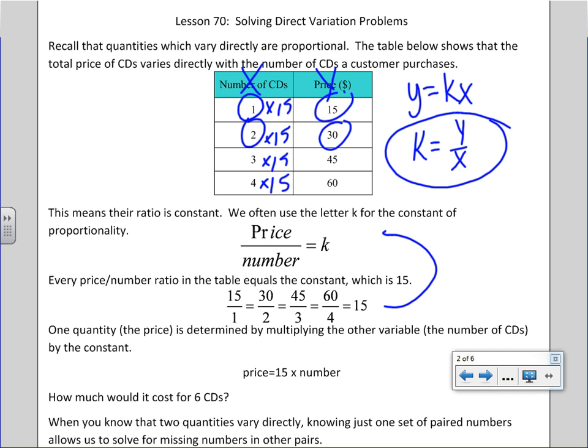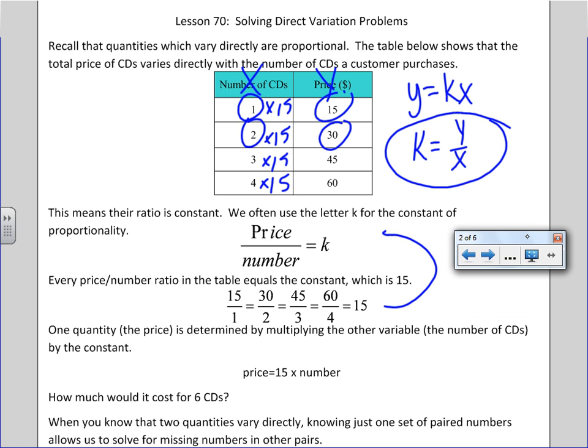It says one quantity, which is the price, is determined by multiplying the other variable, which is the number of CDs, by the constant. So we know that the price equals 15 times a number. So this is our y equals kx, where k is 15, x is the number of CDs, and y is the price.